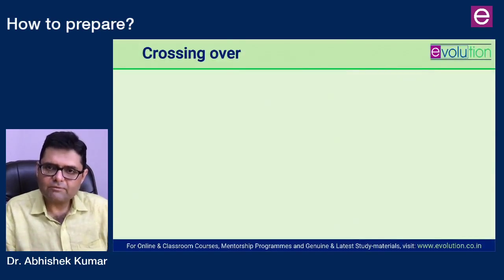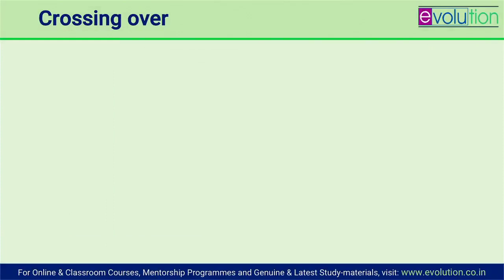The next topic is crossing over itself. In crossing over, you have to study the cytological basis, the molecular basis, and importance of crossing over. Just these three things you have to do. I'm just writing it for your easy recall. You have to first explain what is crossing over, then do a little bit of its history, discovery, etc. Then cytological basis.